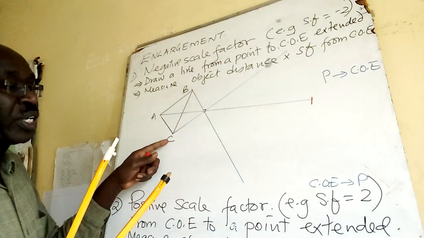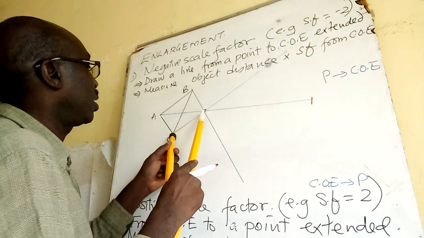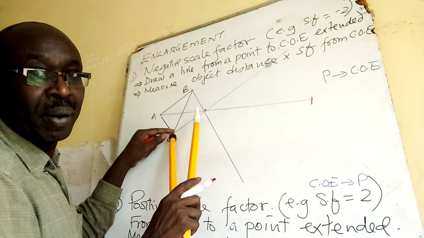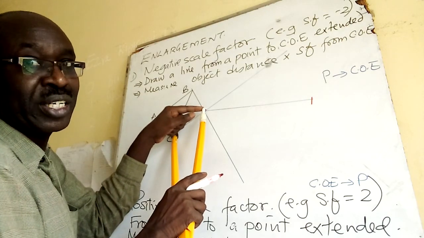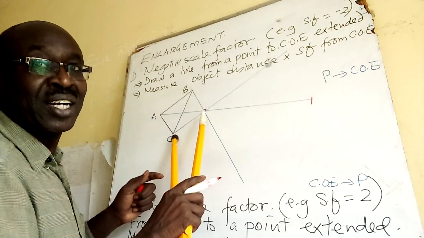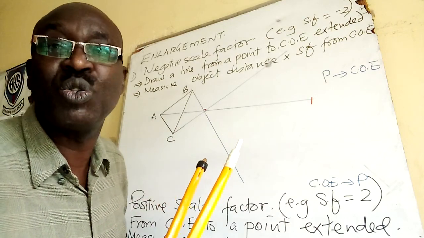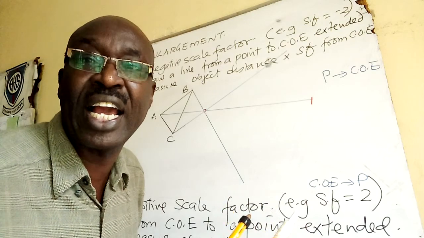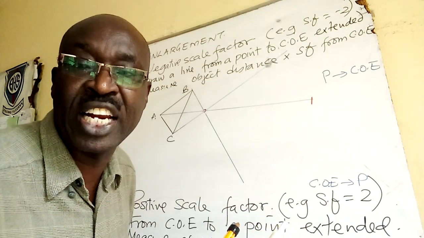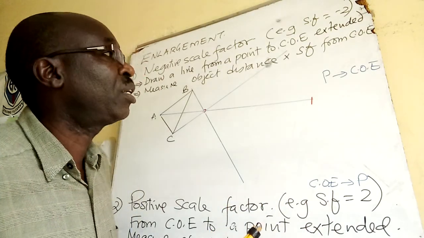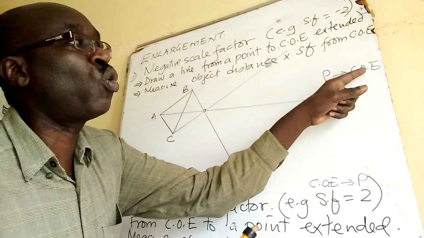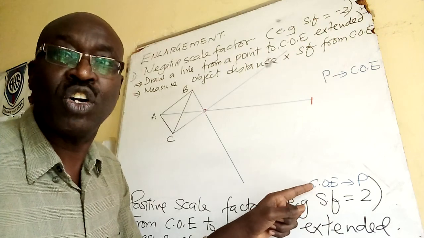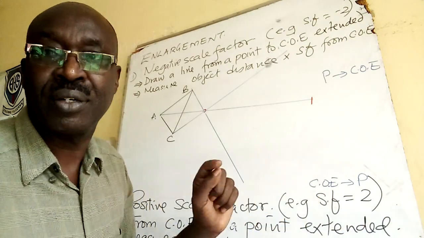Then we go to point C. Point C is this. That is the distance from the point to center of enlargement. After that, we do it according to scale factor. The negative has already been taken care of by change of direction. Which change of direction? From a point to C.O.E. Otherwise, we were doing C.O.E to the point, right?